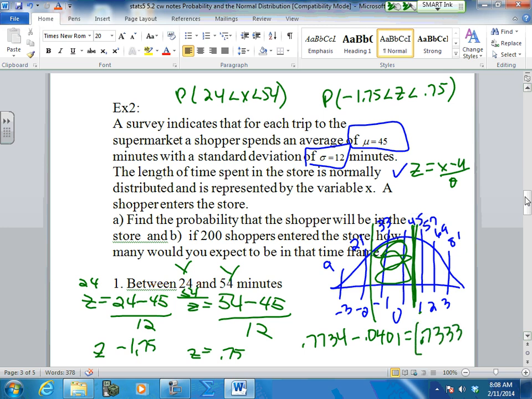So here's our answer. This by itself just gives me the area under the curve, which is a good chunk of my curve, right? Isn't it the biggest chunk of that curve? If I want to interpret this, I move this over and I say about 73% chance that a person will walk into my store at random and spend between 24 and 54 minutes.